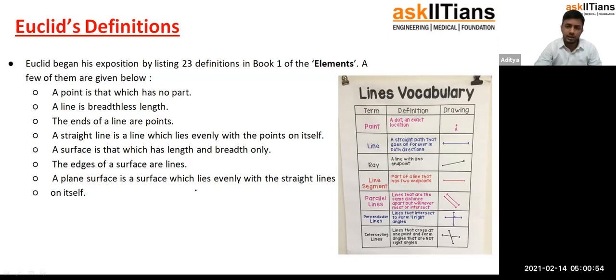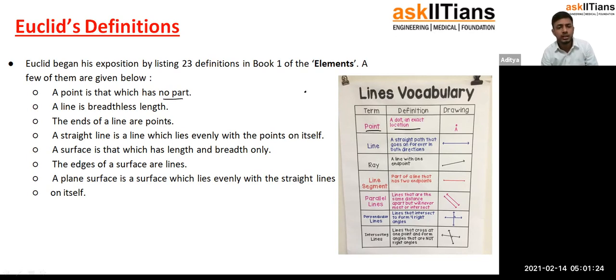Now look, here in our diagram we can also define a point as a very fine dot, or it is an exact location of anything, so that is also a point. And this is also a correct definition, which has no part. No part means it is zero dimensional, it has no dimensions. So all of these are equivalent definitions of a point.